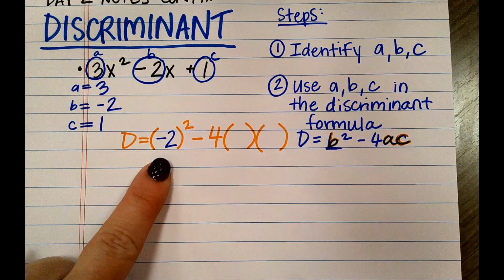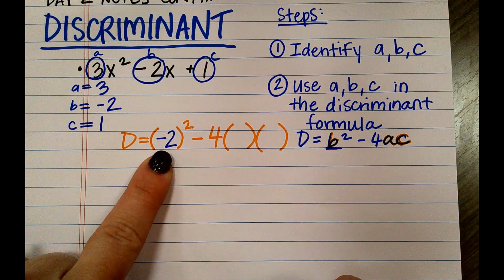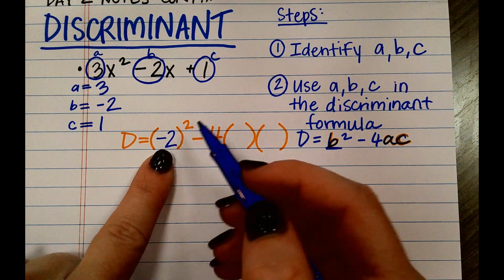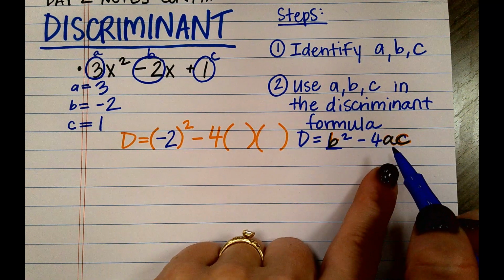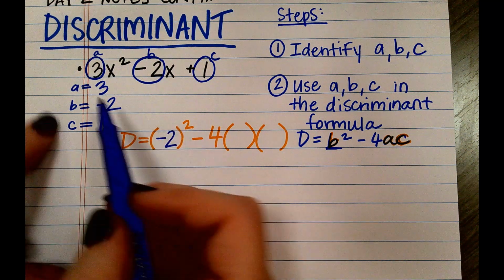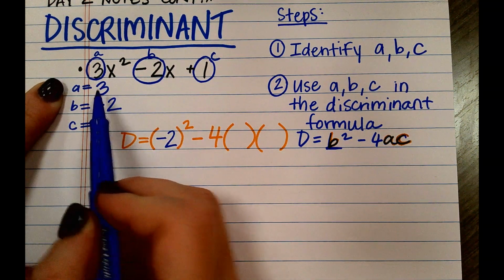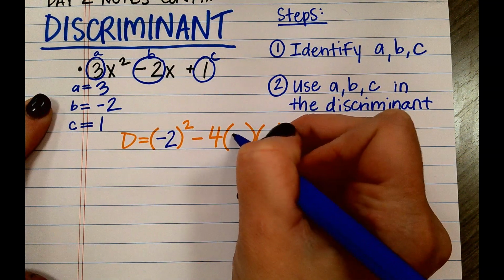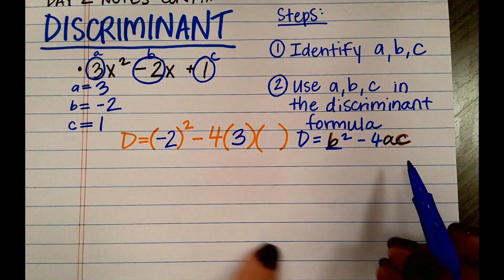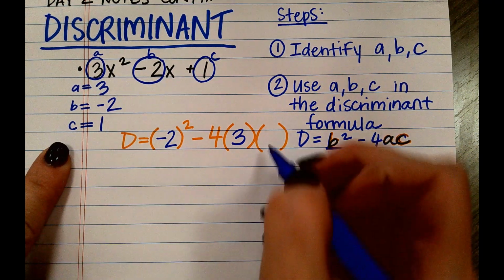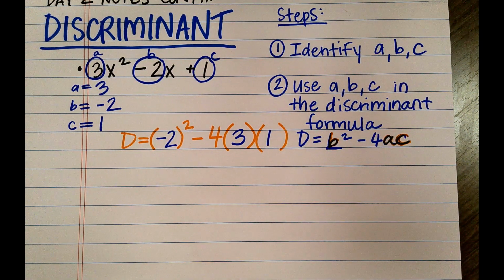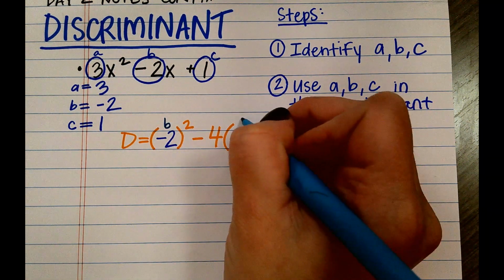That's tricky. So A, and C goes to the end. So we did B. What letter comes next? A. And A is 3. So minus 4 times 3 times C, which is 1. Good. Okay. And I'm just going to write here. This is B. This is A. This is C.